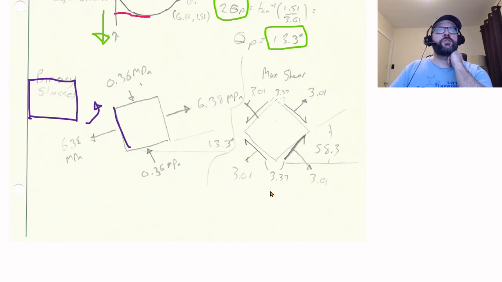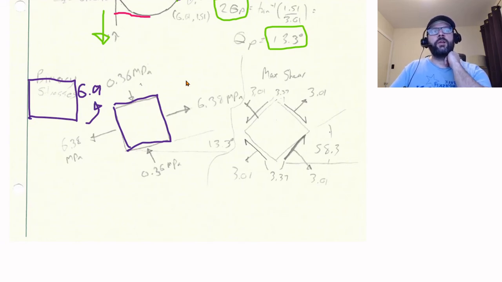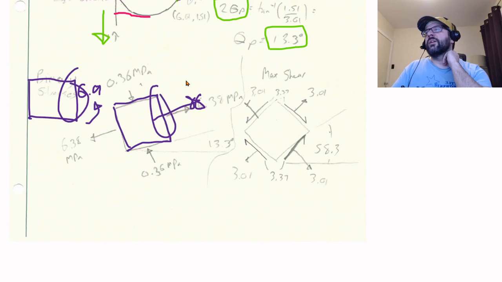So starting with a square, rotating counterclockwise gets us a square like this. And as for which stresses are on which face, well, this stress here started with the 6.01, and when it rotated a little bit, it increased a little bit. So that means that this face corresponds to this face after rotation. So this direction here is the 6.38 megapascals.